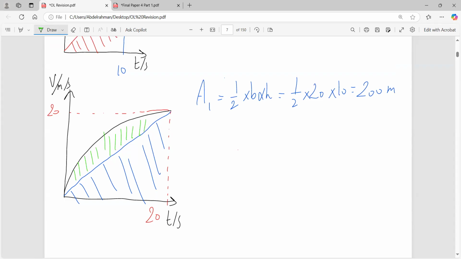How can I estimate, guys? It's not just any estimate. This area is definitely not equal to area 1. This green area is not equal to A1. So is it 50%?